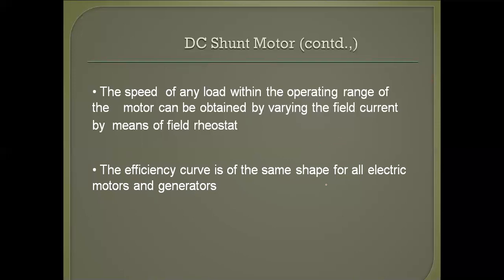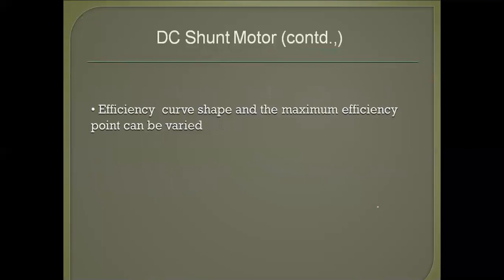The efficiency curve has the same shape for all electrical motors and generators. The efficiency curve shape and the maximum efficiency point can be varied. DC shunt motor has a lower starting torque. Torque is directly proportional to flux times Ia.